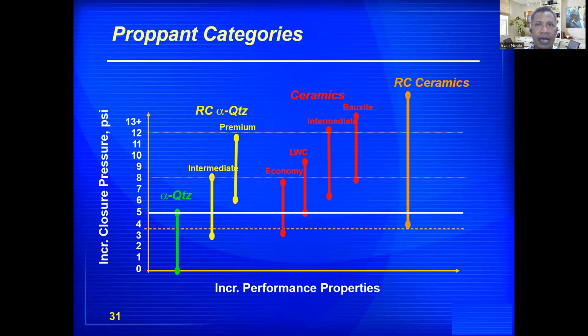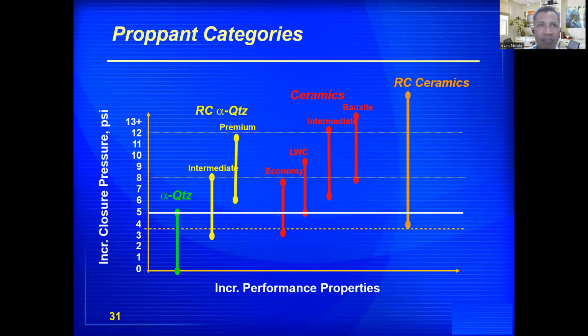If we look at the categories of proppant on the x-axis, you see increasing performance properties, but keep in mind that as you go to the right, performance increases, and so does cost. On the left, you have what we call net closure stress, which increases from 0 above 13,000 pounds.